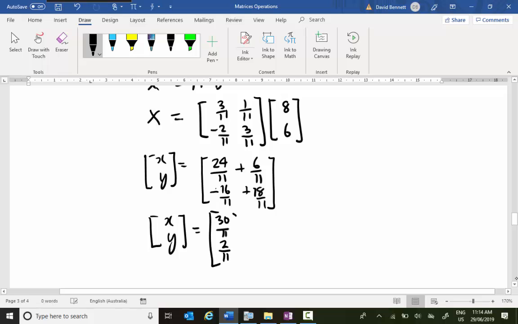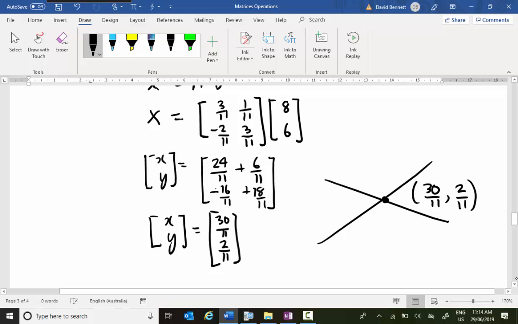What that's telling me is we've got two lines cutting, and that point is 30 on 11 and 2 on 11. That's where those two lines meet.